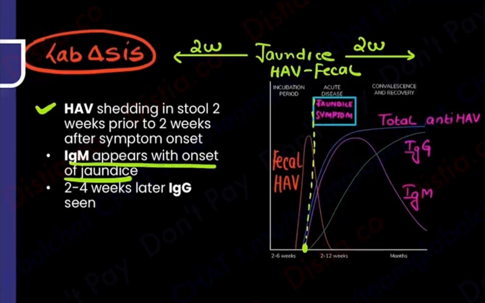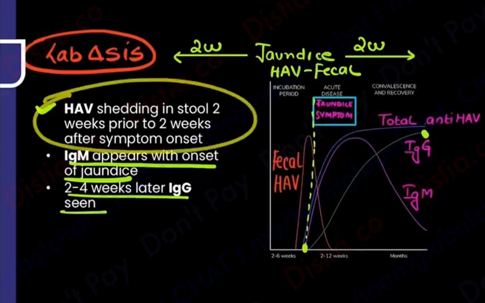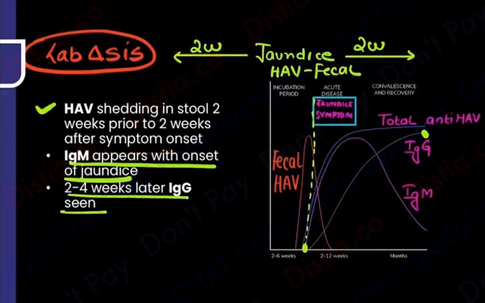So approximately you will see IgG 2 to 4 weeks later. So the levels definitely start rising, but there is a 2 week gap because IgM is the primary immune response and IgG is going to come up later. So simple. The primary question that comes is related to HAV: 2 weeks before the jaundice, 2 weeks after the jaundice. As soon as the jaundice starts, the antibody response is going to be seen.